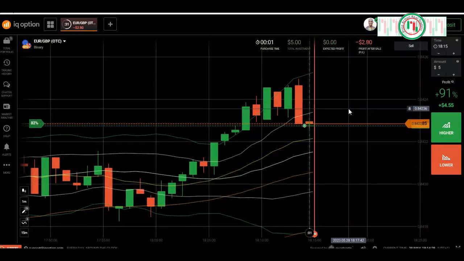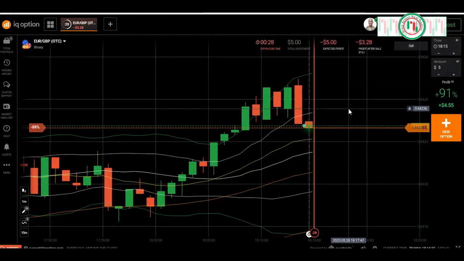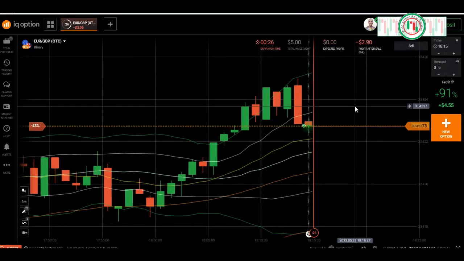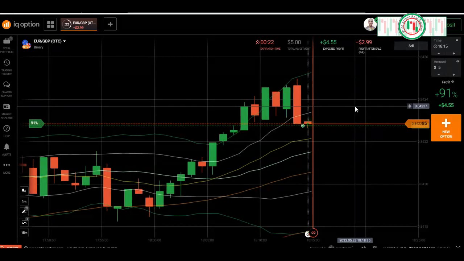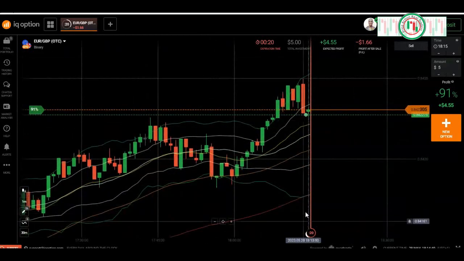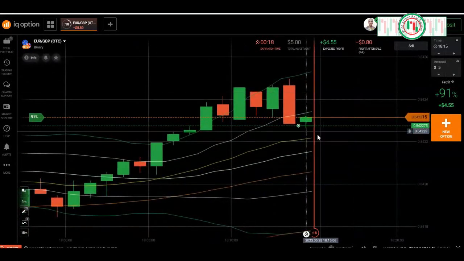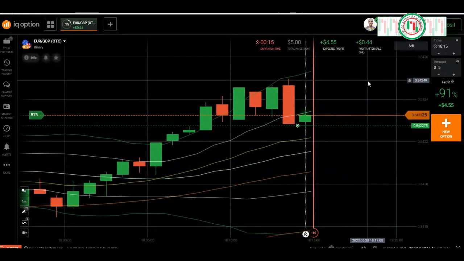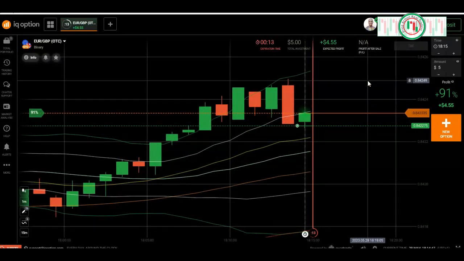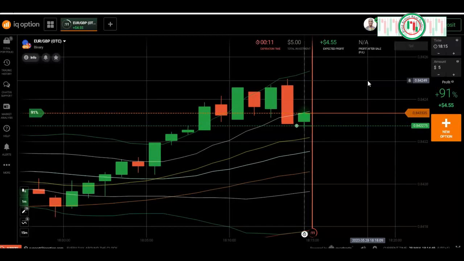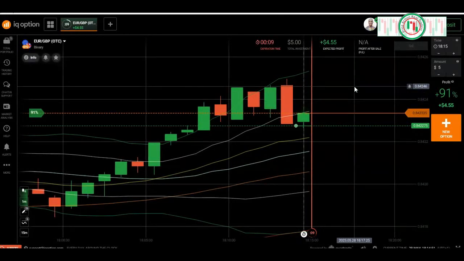So let's see. Because the major trend is up, a strong uptrend, here you should expect market to go up. So that's why I place my trade call option.